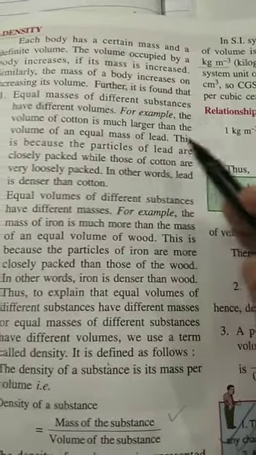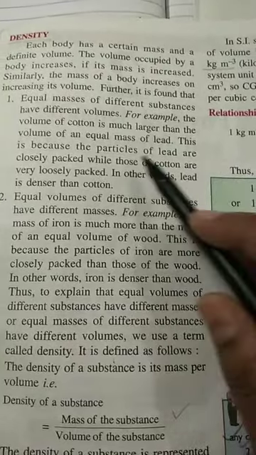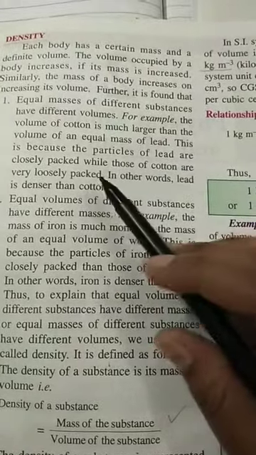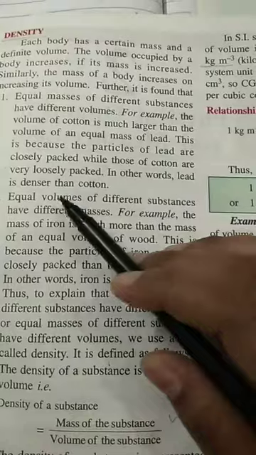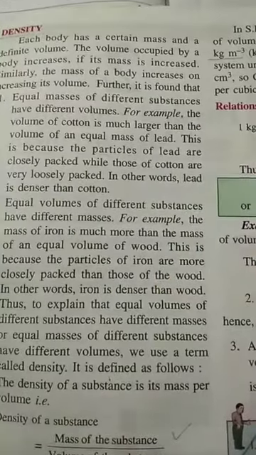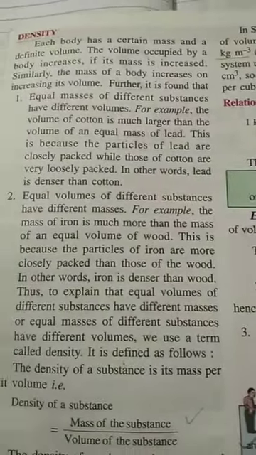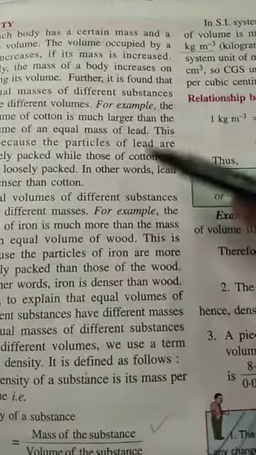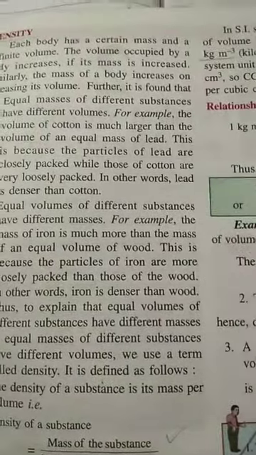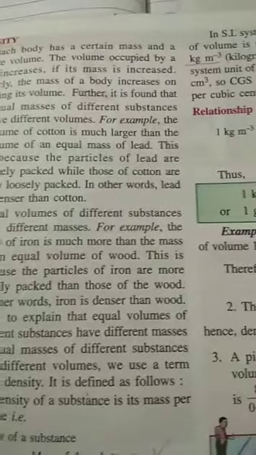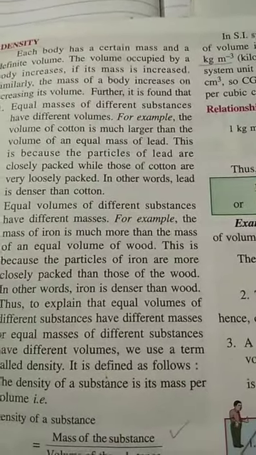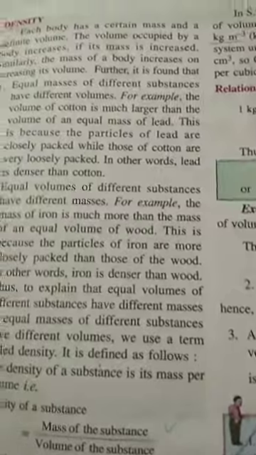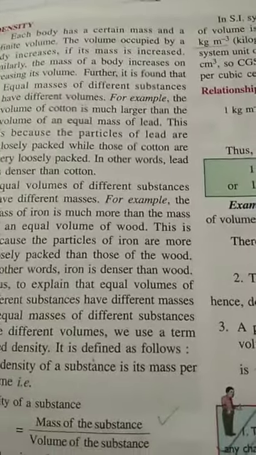This is because the particles of lead are closely packed while those of cotton are loosely packed. So lead is denser than cotton, but cotton takes more space than lead because its molecules are loosely packed and the molecules of lead are tightly packed.